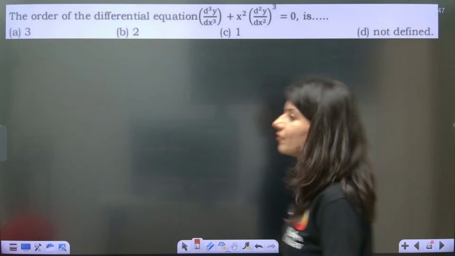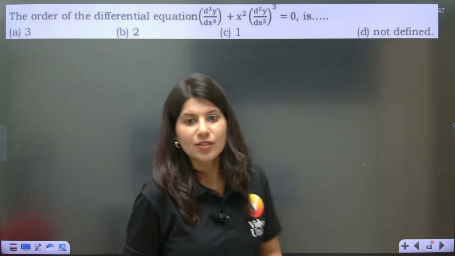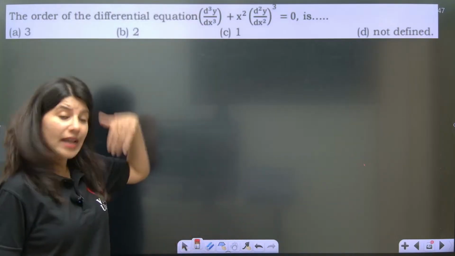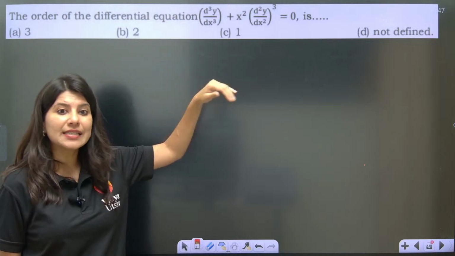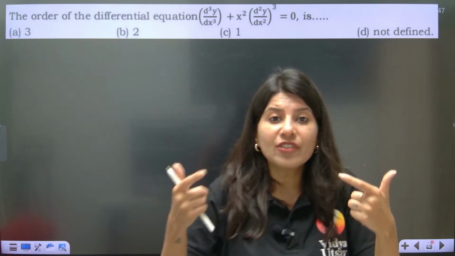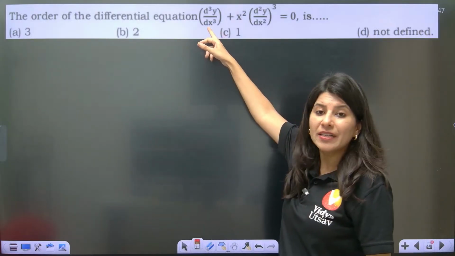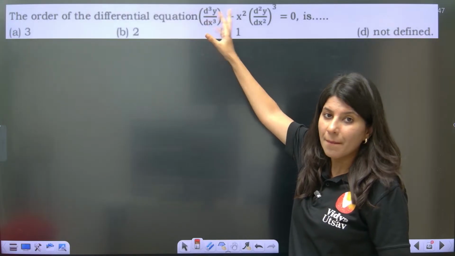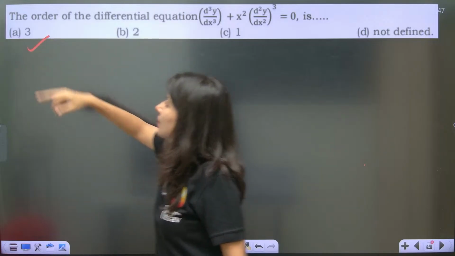Order of this differential equation, anyone in the chat box? I will tell you the degree also, because you never know, in the question they may ask you order as well as degree. Order is the maximum number of times y has been differentiated. Clearly here y has been differentiated thrice, so 3 is the order, option A. But what about degree?